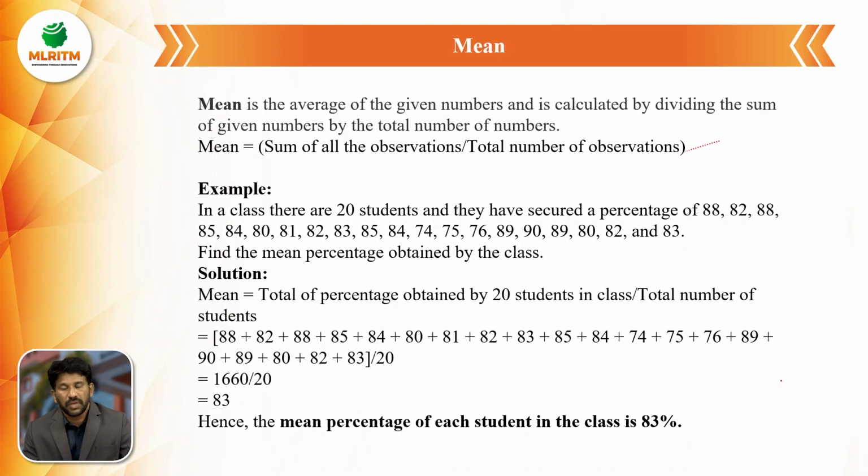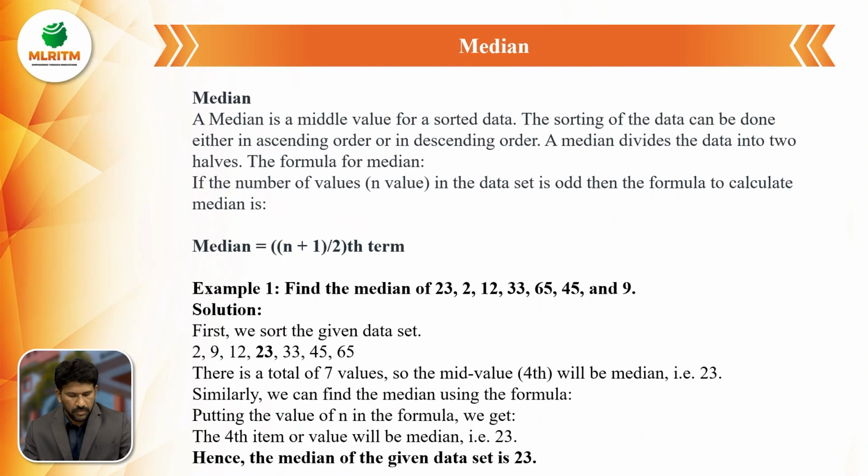The total we get is 1660. Dividing by the number of students, 20, you get 83 as the average of the class. So to find the mean, you follow this formula: sum of all the observations divided by the total number of observations.